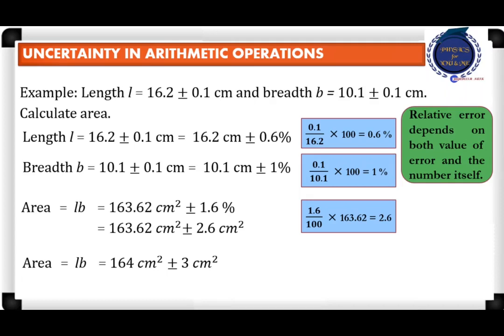By applying the rules of rounding off, it is equal to 164. Similarly, in case of the error also, the number of significant figures in errors will be equal to 1. Hence, we should retain only one digit in error. Therefore, by rounding off, we will get 3 centimeter square.